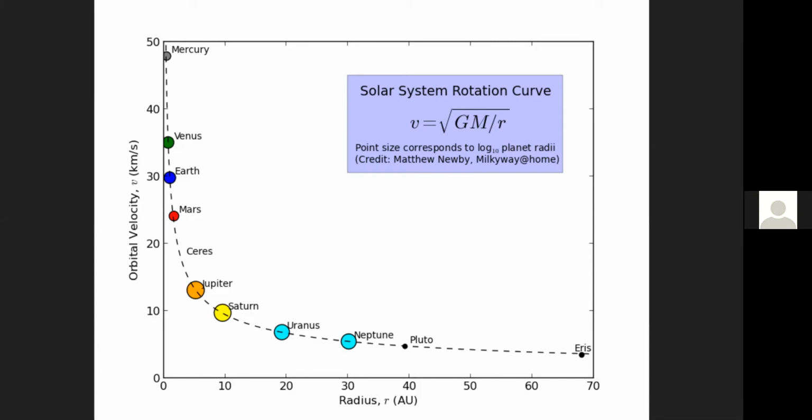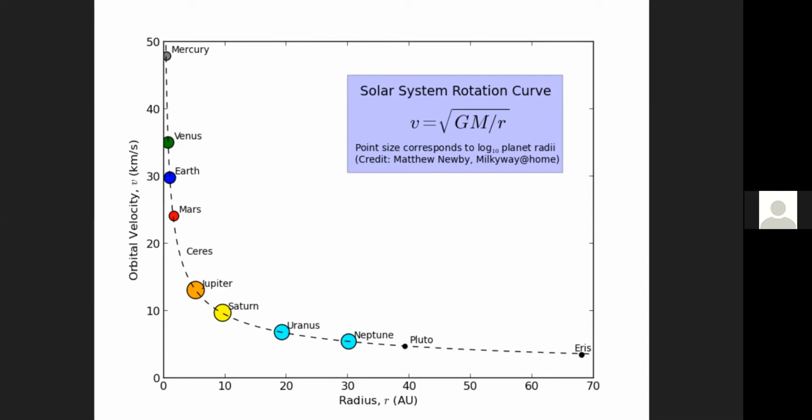And this formula is based on all of the weight of the solar system being inside the Sun. And that's a reasonable assumption because 99.8% of the solar system's mass is the Sun. So providing there's no significant dark matter in our solar system, the planets should lie exactly on this curve.